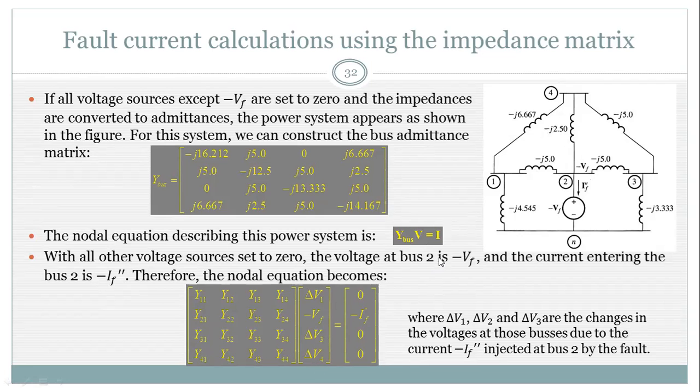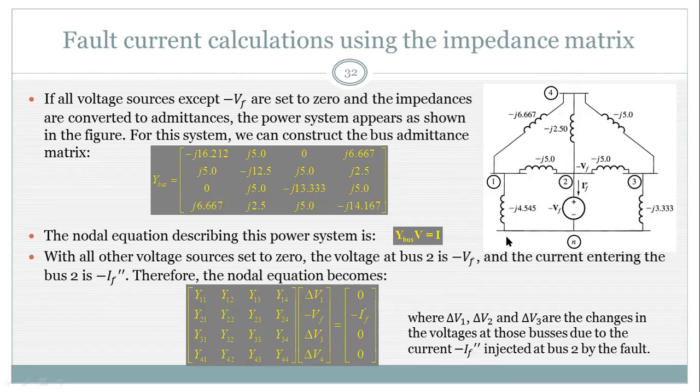Whenever the fault occurs, the bus voltages change. This change is represented by delta. So that is delta V1, which means the change of bus voltage 1, and delta V3 and delta V4, which represent the change of bus voltages 3 and 4.